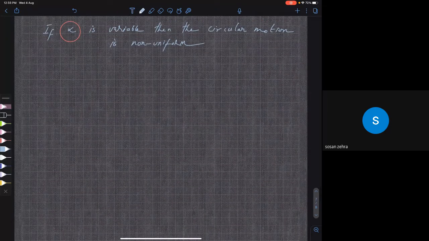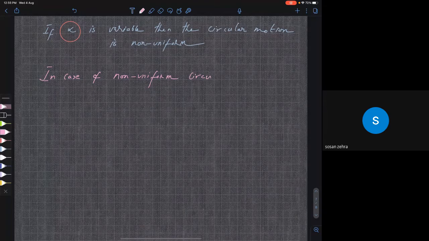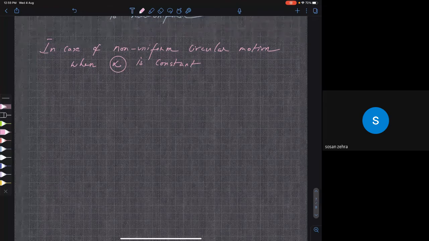Now, in case of non-uniform circular motion when alpha is constant, there are two things.